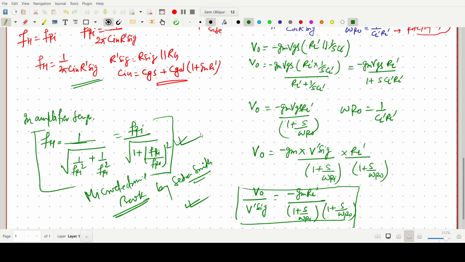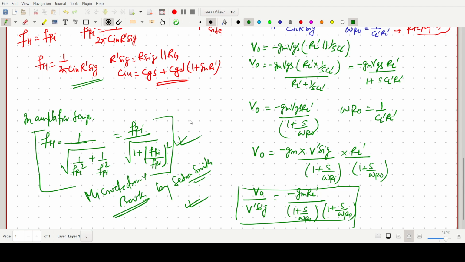I have already discussed the high frequency estimation using the open short circuit method. I will share the link for Miller theorem and also the open circuit time constant method for the calculation of FPI for the common source amplifier.